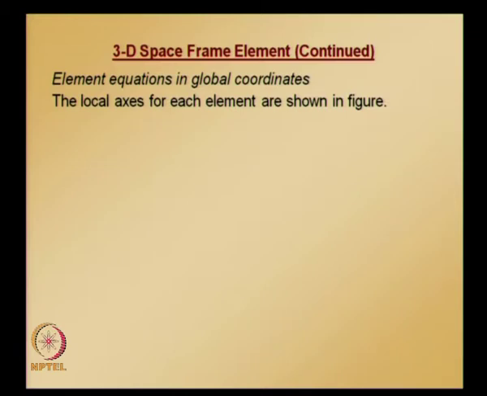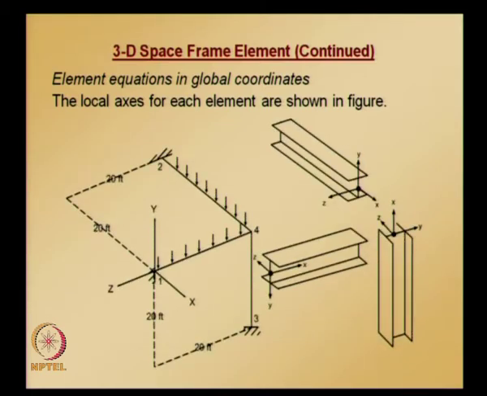The local axes for each element are shown in the figure, and you can see here we need to identify the third node for element 1, element 2 and element 3, and the third node is not necessarily a point outside the structure.